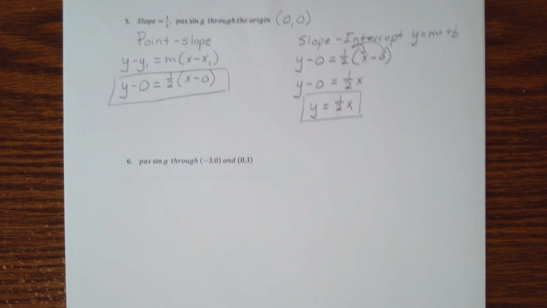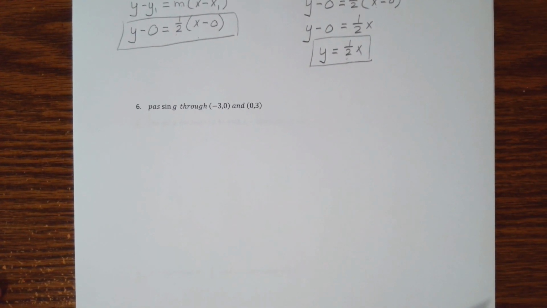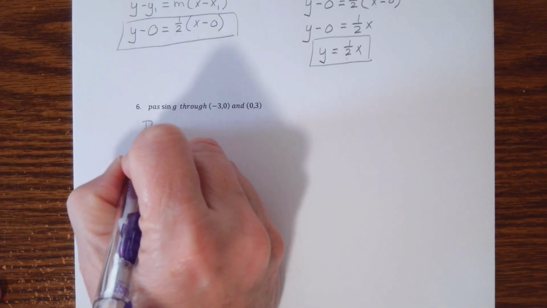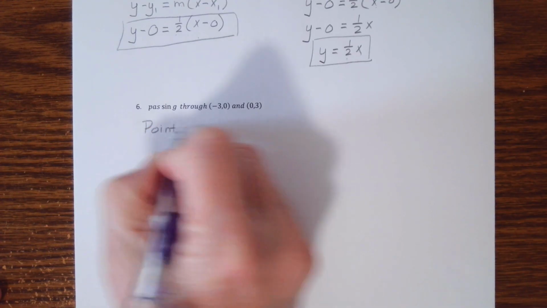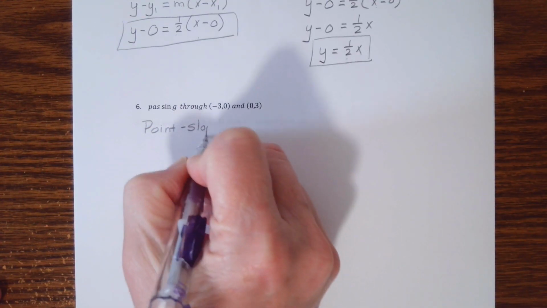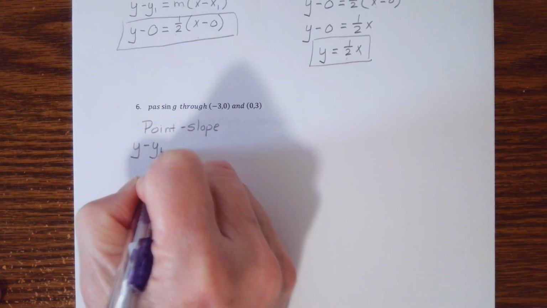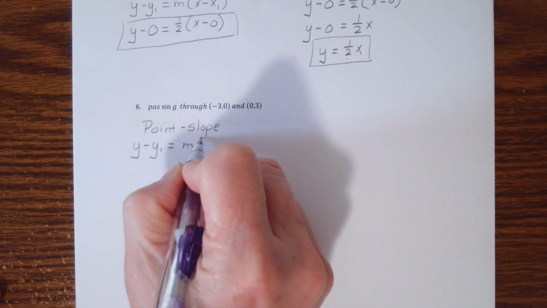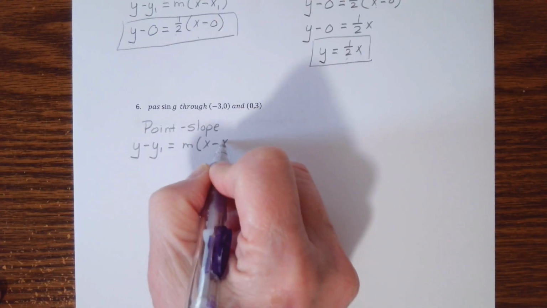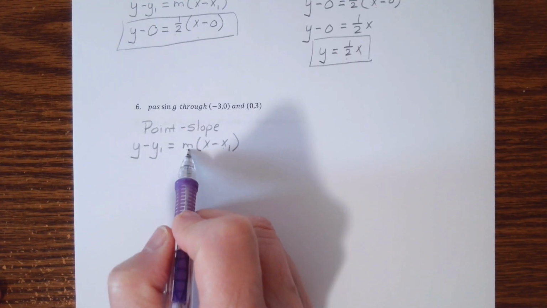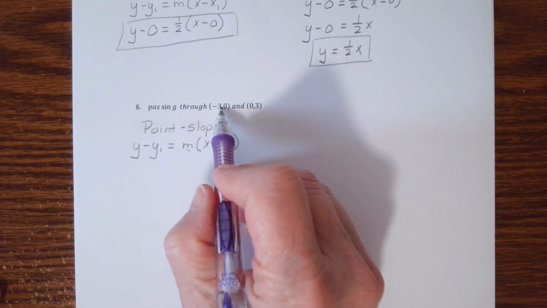Let's go to number 6. Number 6 says, passing through the points negative 3, 0, and 0, 0. So point slope form. So point slope is y minus y1 equals m times x minus x subscript 1. Well, I have the point, but I don't have the slope. So this time I'm going to have to go back and use my slope formula.